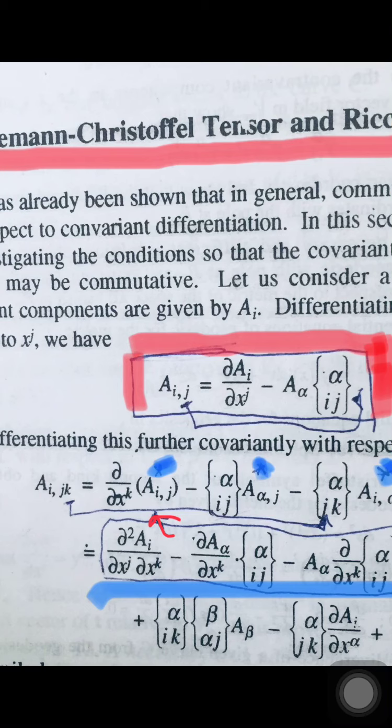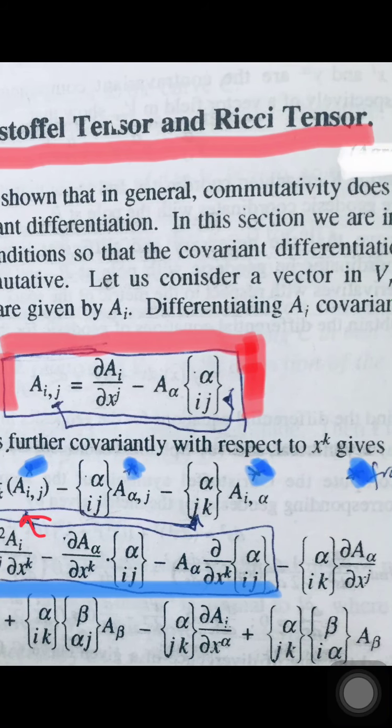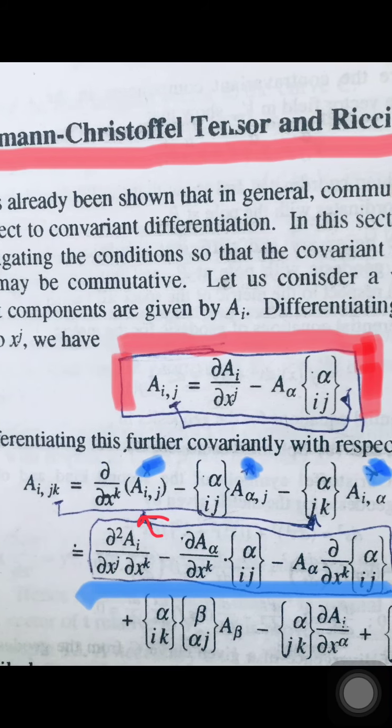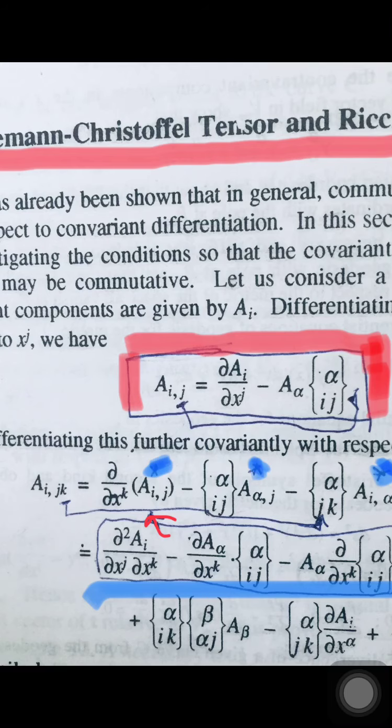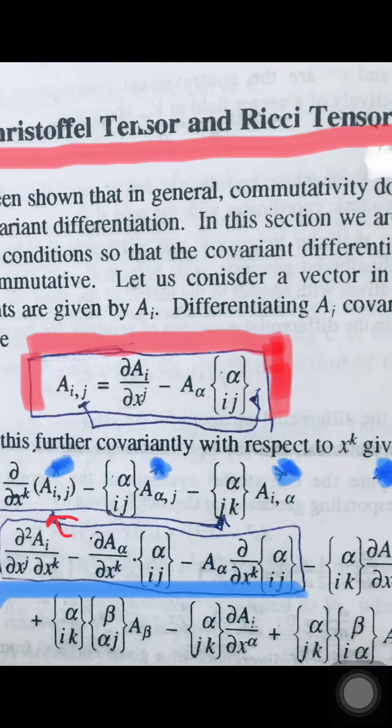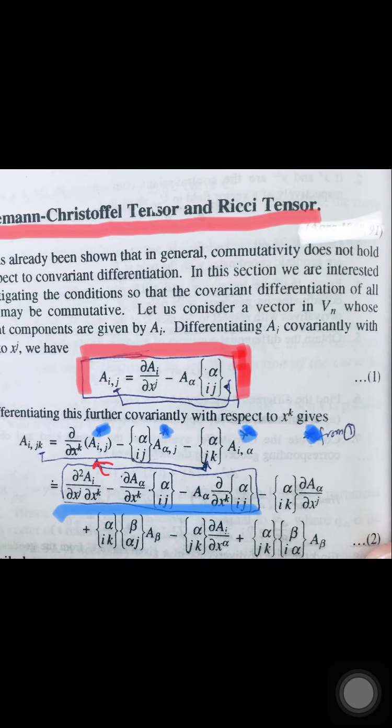So these two terms are obtained from the second term. Similarly, two terms are obtained from the third term by substituting A i comma alpha from equation first. So total seven terms: three from the first term, two from the second, two from the third. Total seven terms we get here in equation 2, that is A i comma jk.